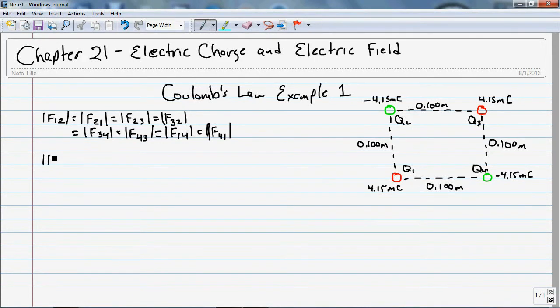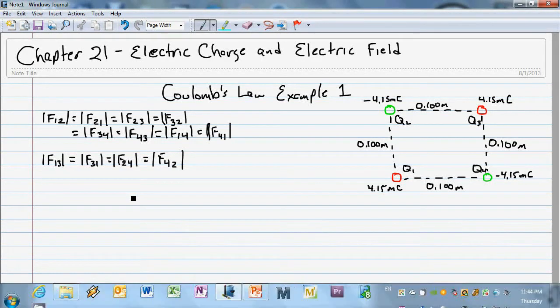So the magnitude of force 1, 3 is equal to the magnitude of the force on charge 3 due to 1, is equal to the magnitude of the force on charge 2 due to 4, and that's equal to the magnitude of the force on charge 4 due to charge 2. So this lays out all of our forces.